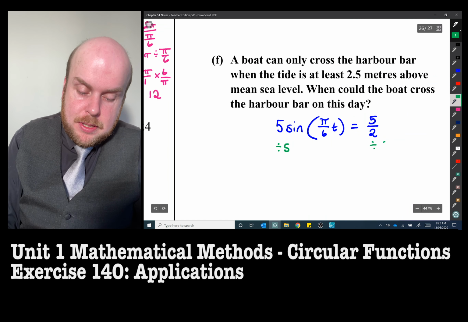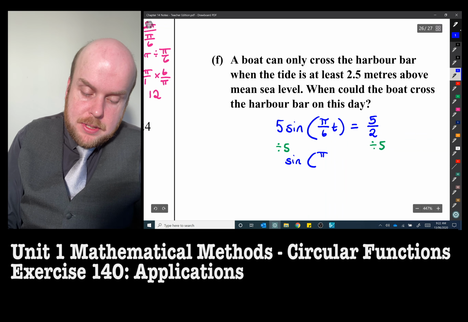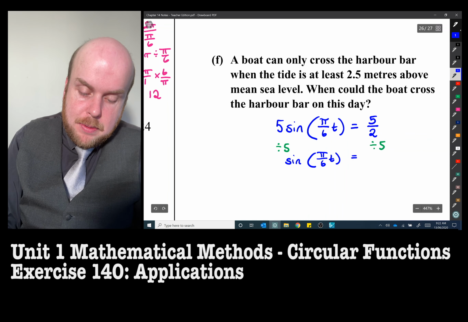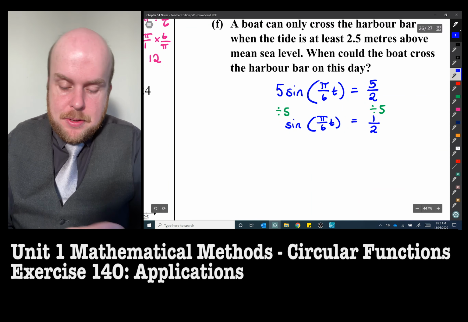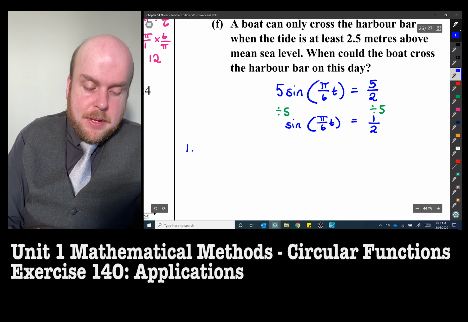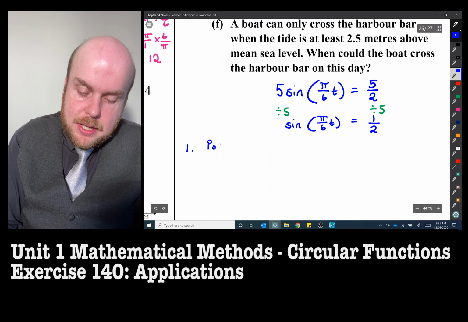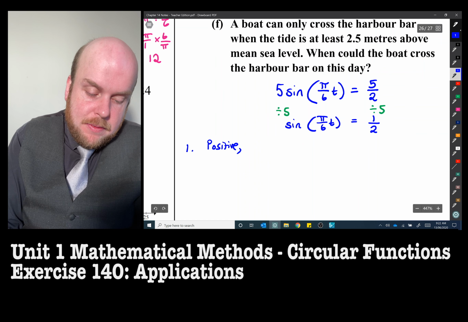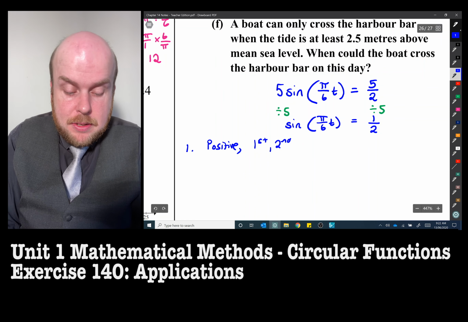Can divide both sides by 5. And wouldn't you know it, sine of pi on 6 t is equal to 1/2. 1/2 is an exact value, so we can solve it accordingly. First and foremost, we have it's positive, and we know that sine is positive in the first and second quadrants.